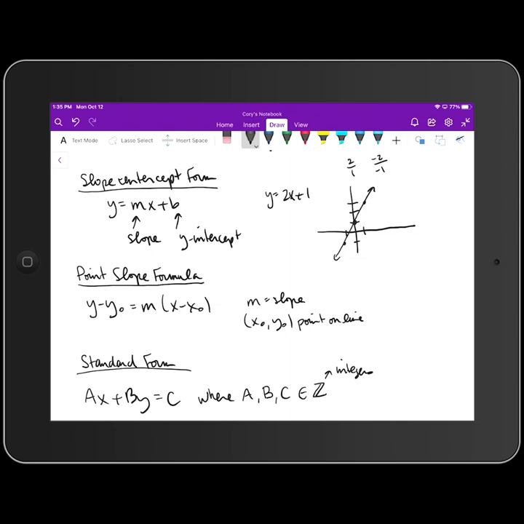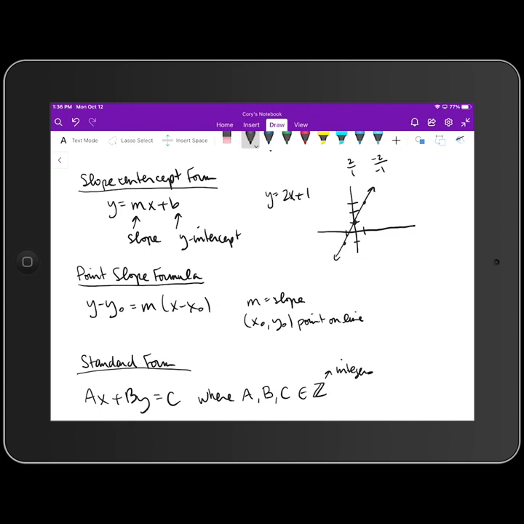As you move on in math, as you get into pre-calculus next year and in calculus, we start using the point slope formula more frequently. Our point slope formula is going to be y minus y sub 0 is equal to m times x minus x sub 0, where m once again represents slope, and our point x sub 0, y sub 0 is a point that lies on our line.